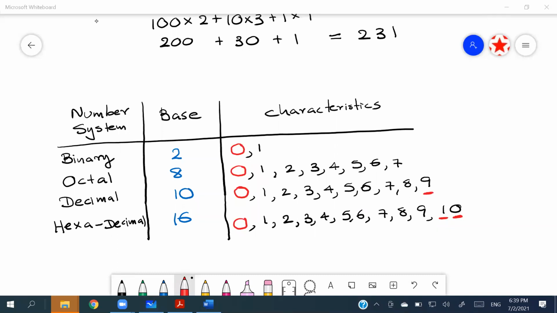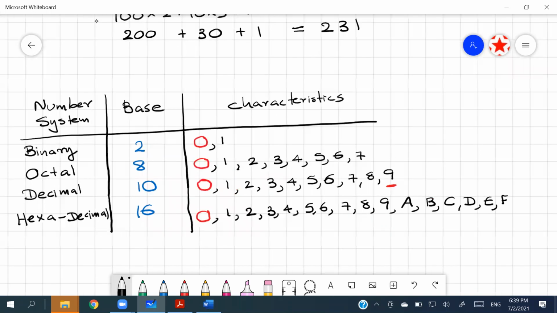Because of that, they use a capital A to represent 10 and capital B to represent 11, C for 12, D for 13, E for 14, and F for 15, right? We are writing capital letters just to indicate, but we can use either a capital or a small letter. But in the number system lesson, it's better you use capitals, right?